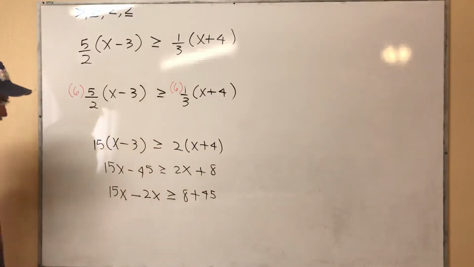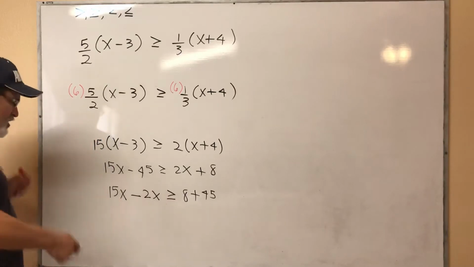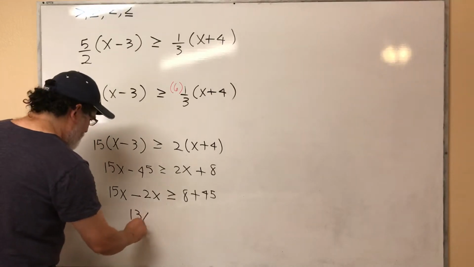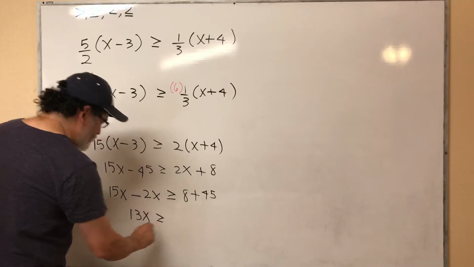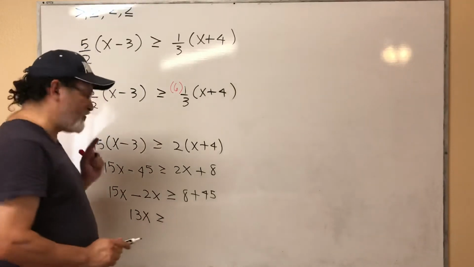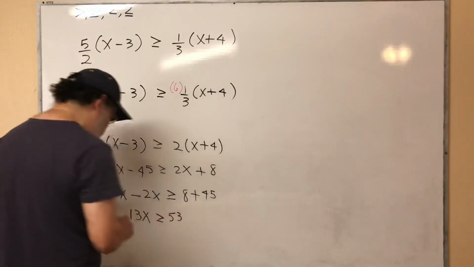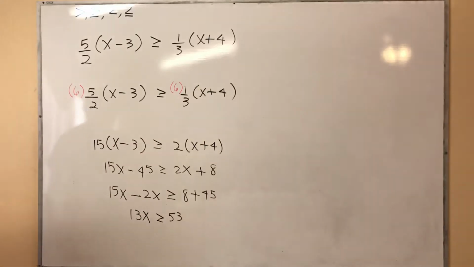Okay. 15 minus 2x is what? 13. x greater than or equal to 45. 45 plus 8 is that 53? Divide both sides by, let me see, 39, 52, yep.